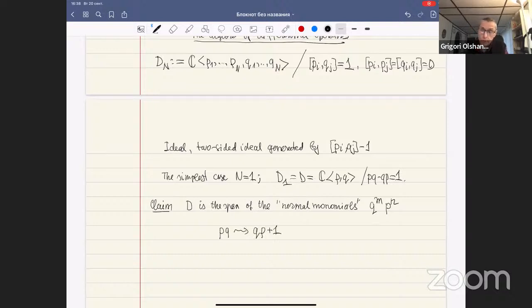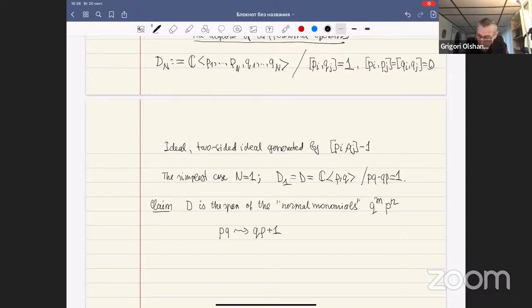Using this operation, we can reduce any non-normal monomial to a linear combination of normal monomials. So finally, we get only normal monomials.